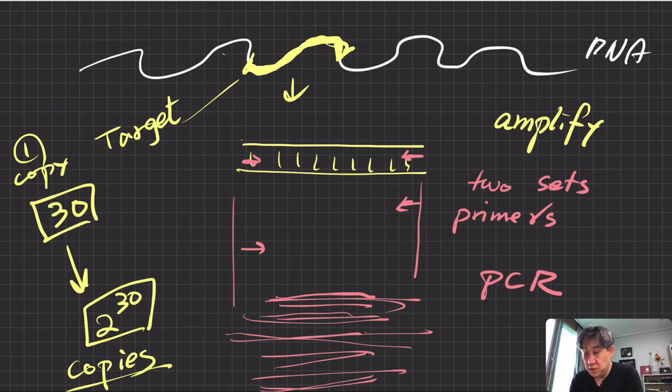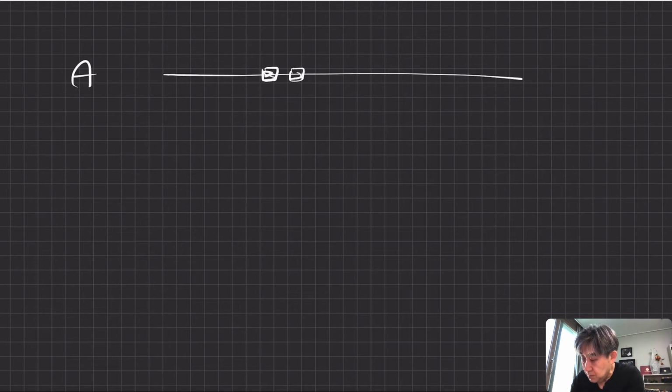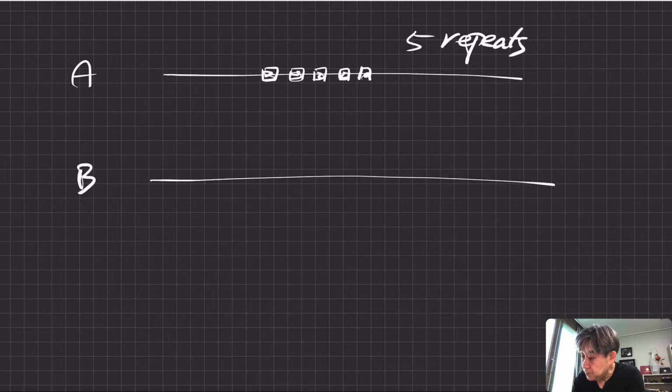So using this, instead of applying any specific restriction enzyme in identifying, let's say you have this repeat: person A has 5 repeats, person B has eight repeats.